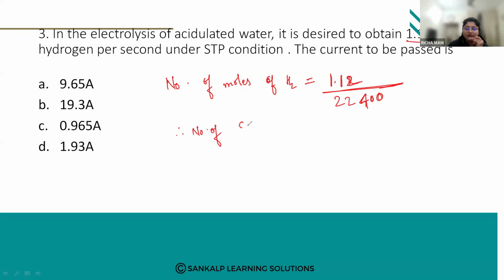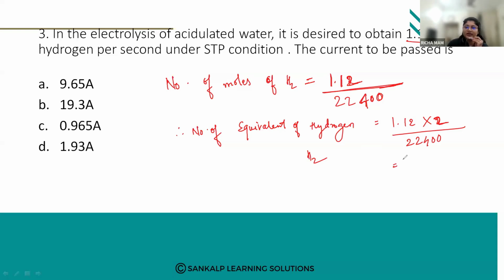So what is the number of equivalents of hydrogen? That is 1.12 into 2. Hydrogen is H2, so there are 2 atoms, therefore we multiply by 2 and divide by 22,400.